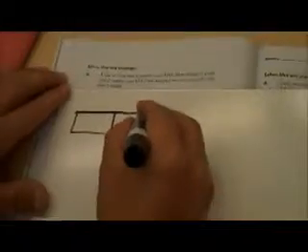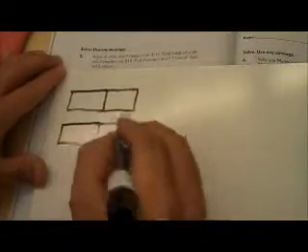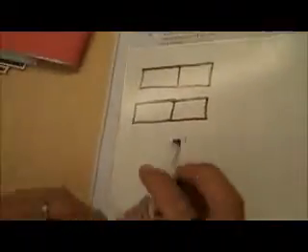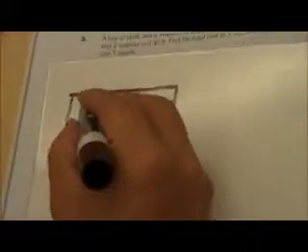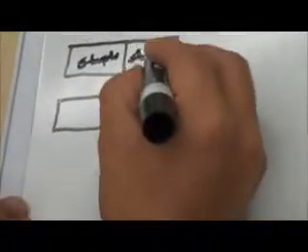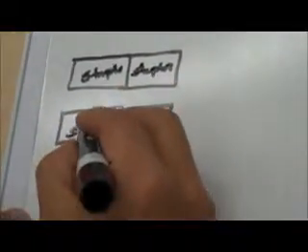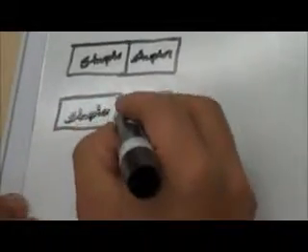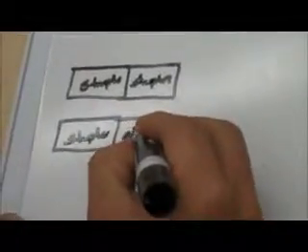So the first thing that I'm going to do is draw, hopefully, 2 identical boxes. This is going to represent our staplers, but don't worry, I'm going to use some color here. Each of these both have 2 staplers.